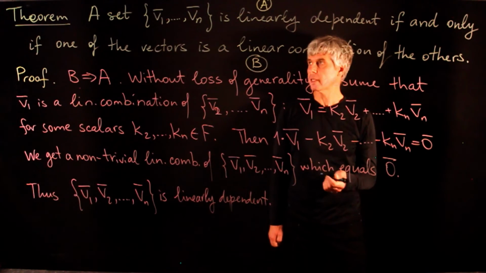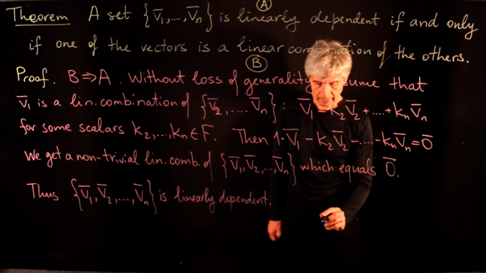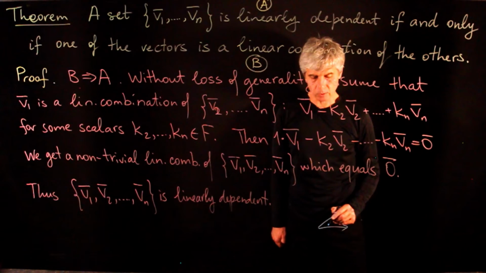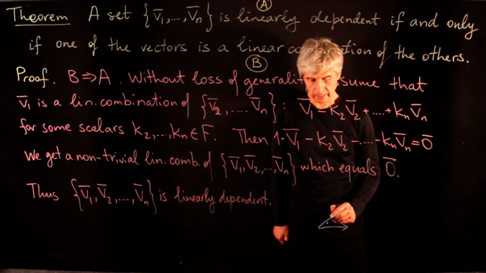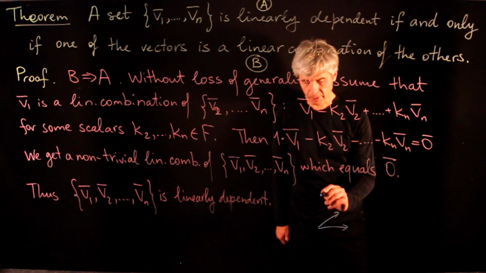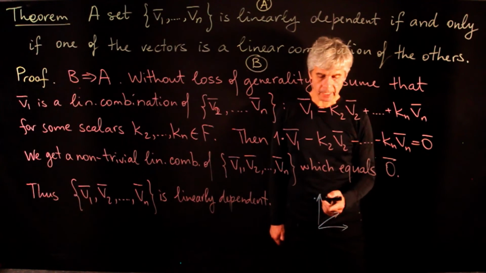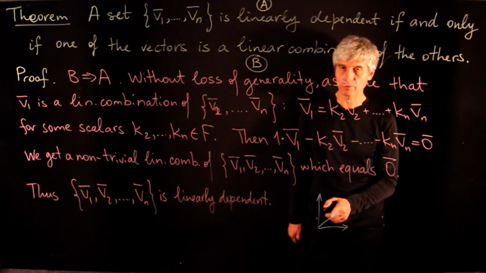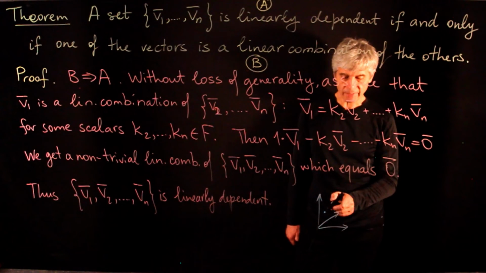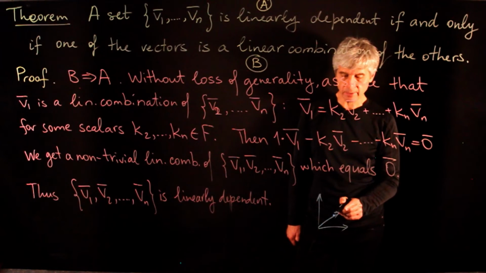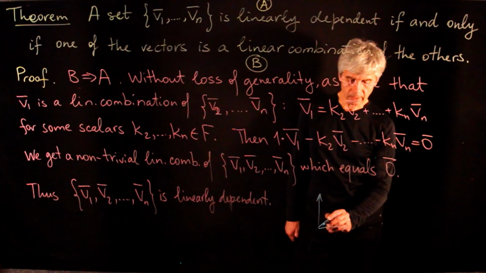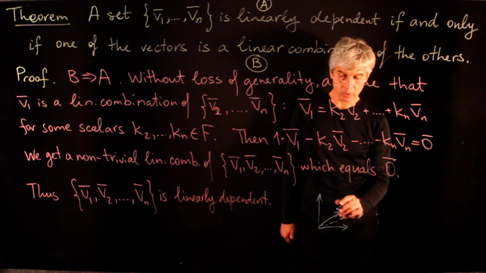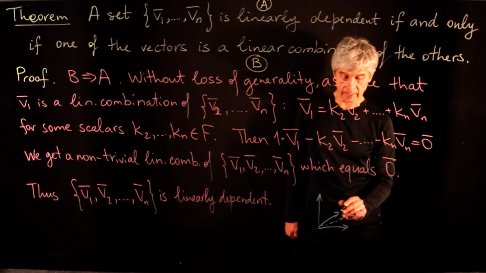So now we can use this theorem to justify what we said about linear independence of 3 vectors, right? So if I have a set of 3 vectors, what I'm not allowed is to have one vector which is a linear combination of the other 2. But if one vector is a linear combination of the other 2, then such a vector lies in the same plane because of the parallelogram rule, right?